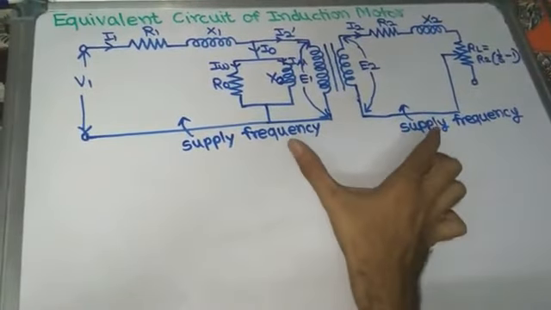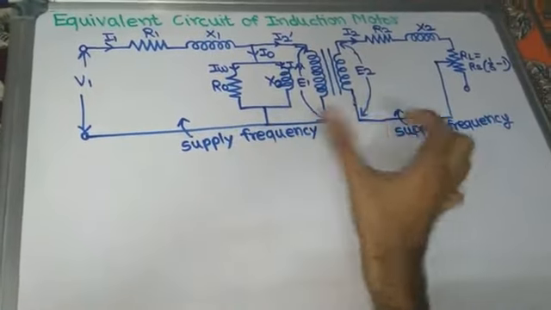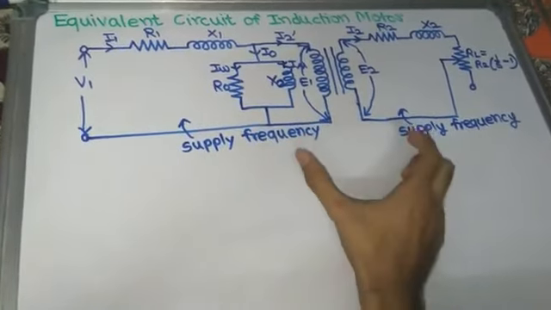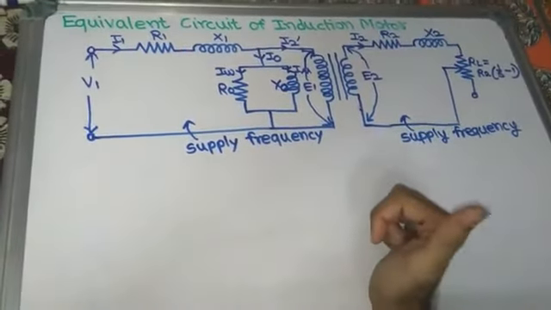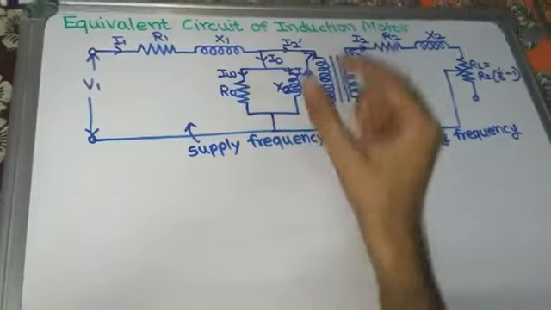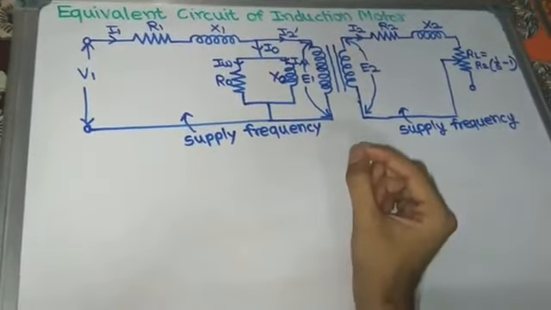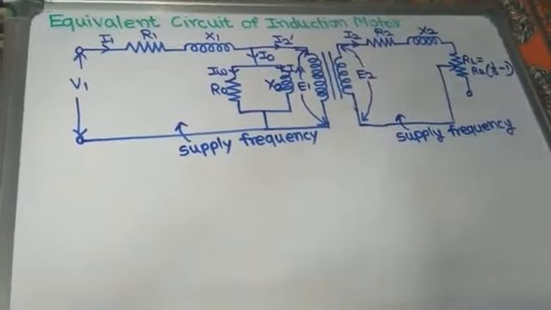The supply frequency to both stator and rotor is now equal. So by making the supply frequency equal, we can say that the three-phase induction motor may act as a generalized transformer.